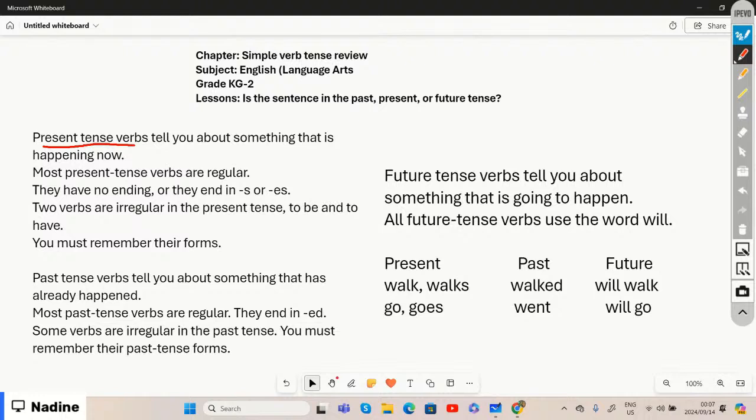It's something that we are doing. The present tense verb tells you about something that is happening now. It is the action that is happening now. That is the verb tense.